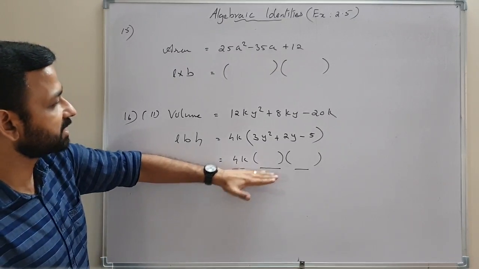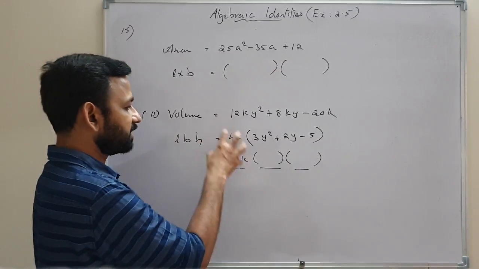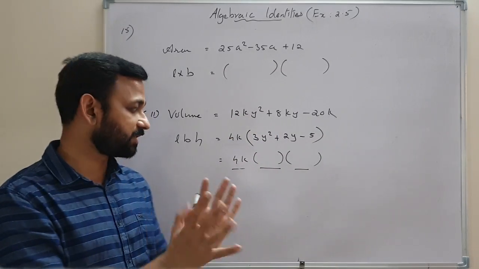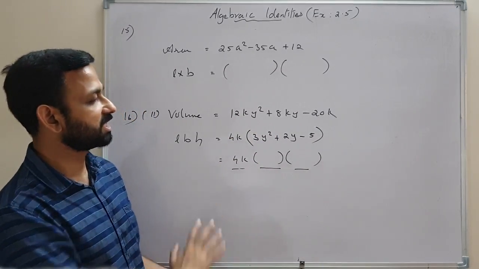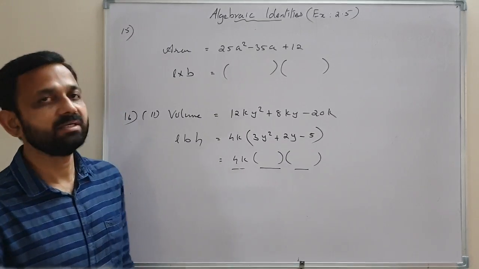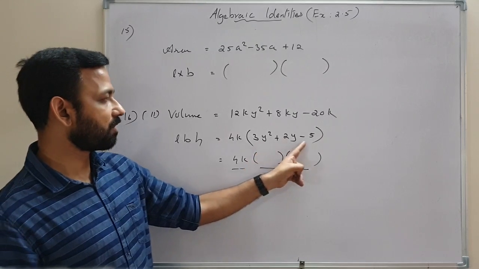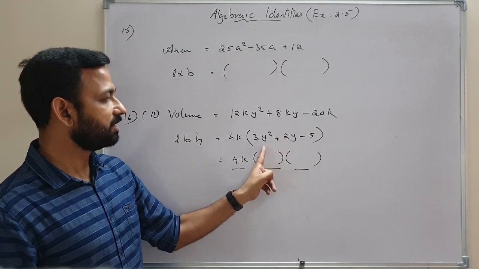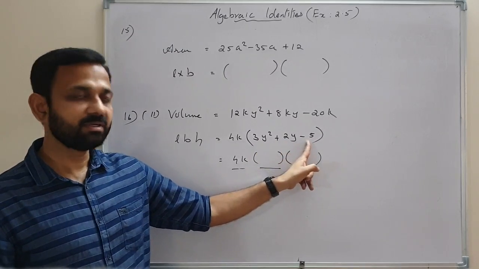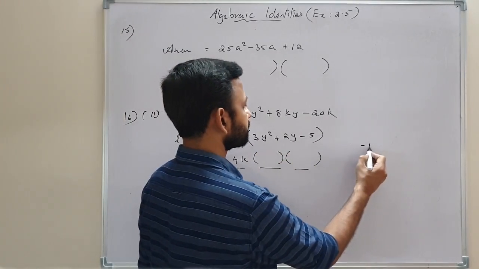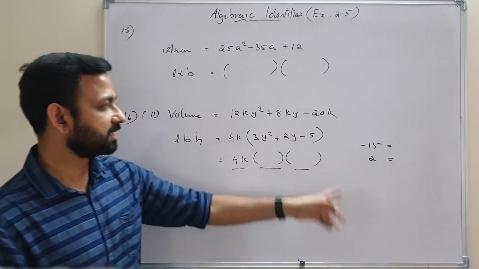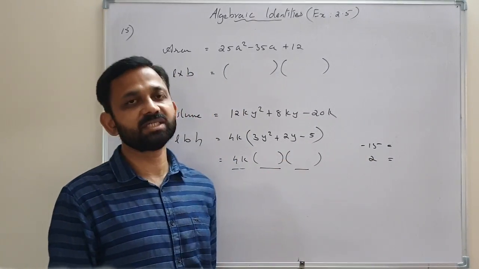Similarly here we got three expressions. We cannot say which one is length, which is breadth, and which is height. I don't think you will face any problem here. For splitting the middle term, we have to find the product of 3 and minus 5, that is minus 15, and the middle term is 2. So we need two numbers whose product is minus 15 and whose sum is 2.